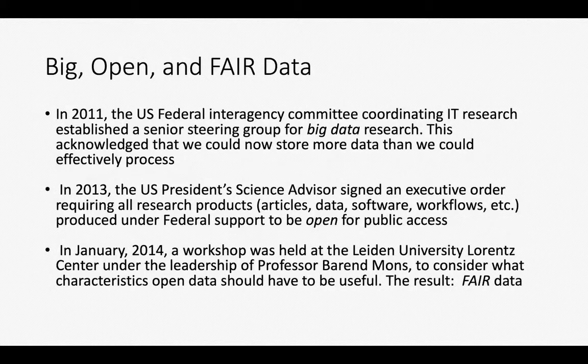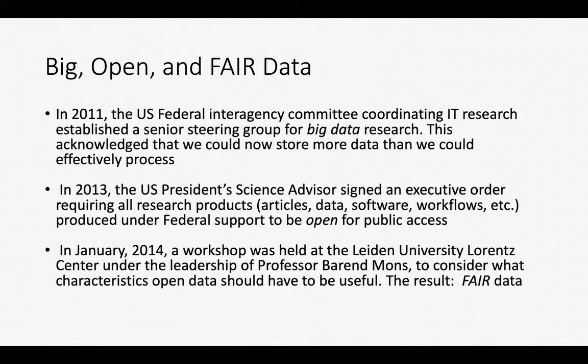So a few things have happened within the past 10 years with data and US funding. First of all, in 2011, there was a senior steering group on big data, and it acknowledged that we can now store more data than we could effectively process.